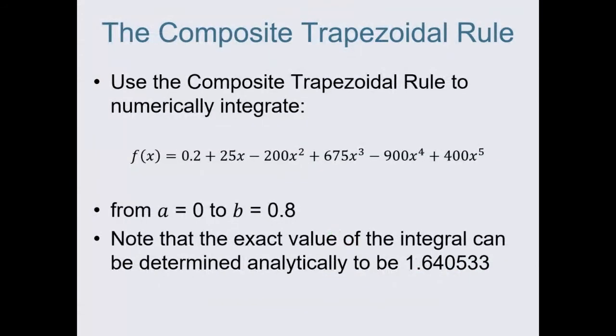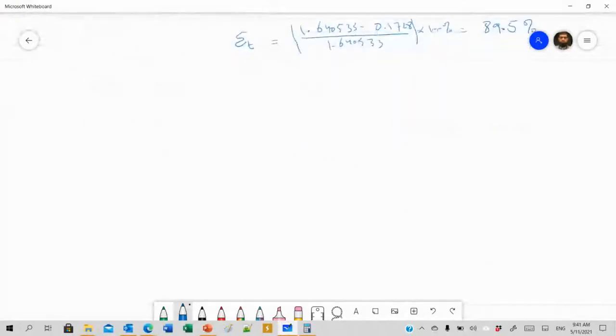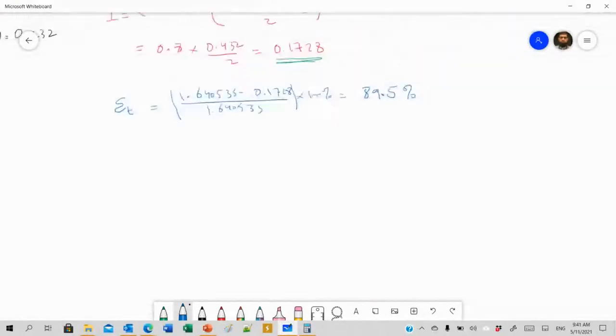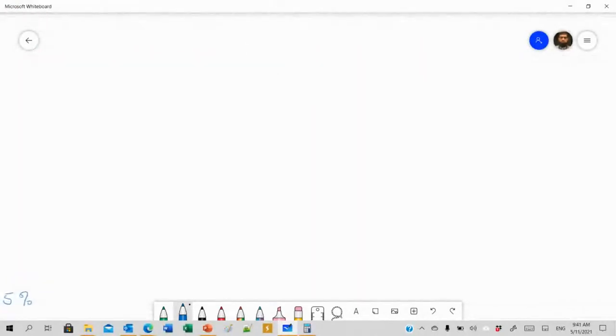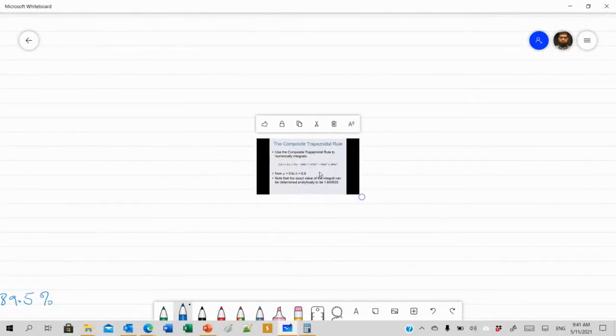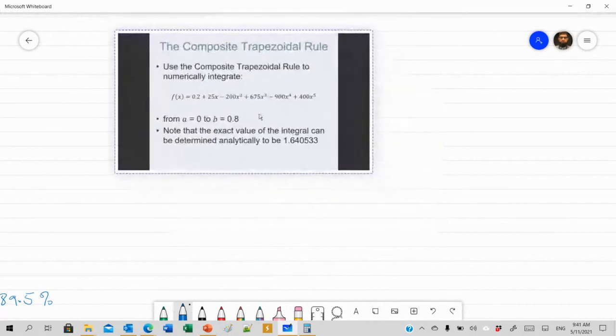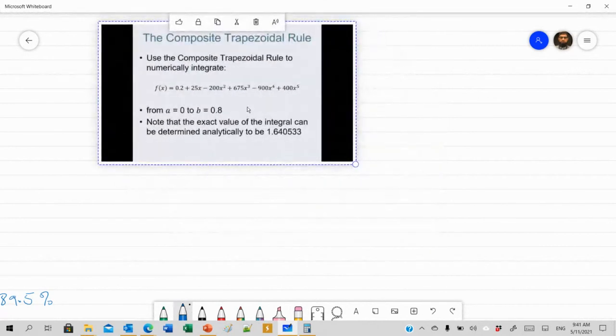Now he says use the composite trapezoidal rule to find the same thing. We are having the same function and we are using the composite trapezoidal rule.